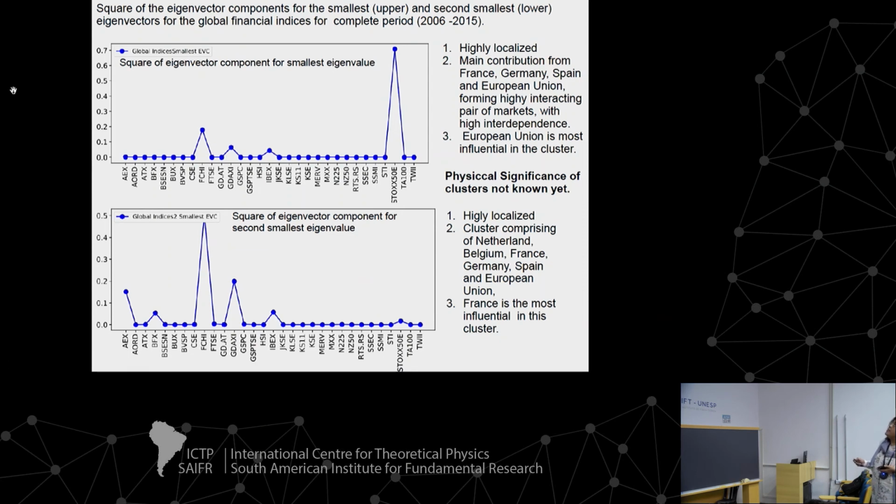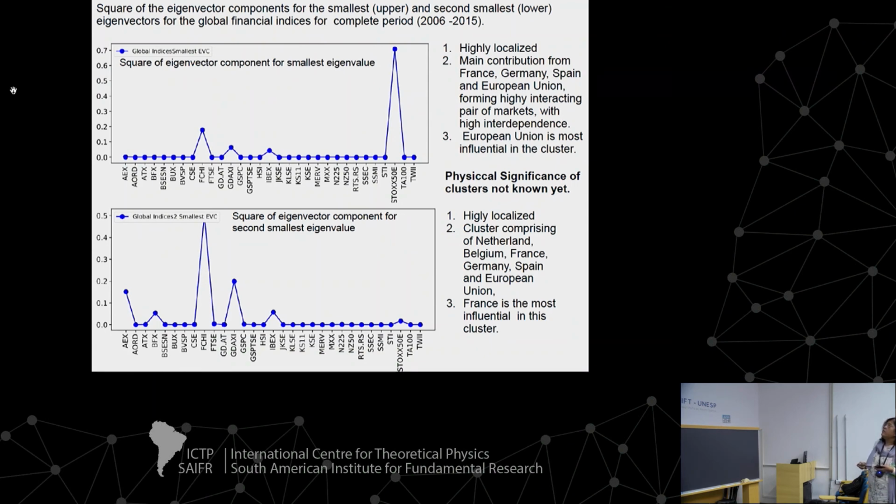And this is the sector which corresponds to France, Germany, Spain, and the European Union. So they're corresponding together. And this is actually a result for the full period, 2006 to 15. It's not year-wise, like it's not the rolling window. And the significance of these four being together is still not known. We're still trying to figure that out.